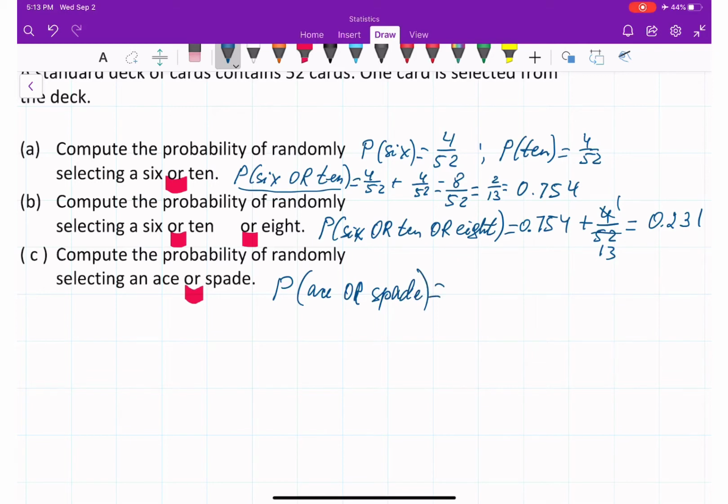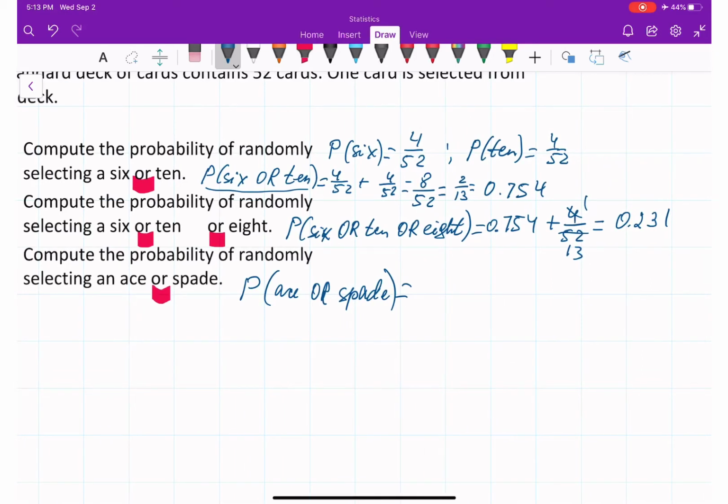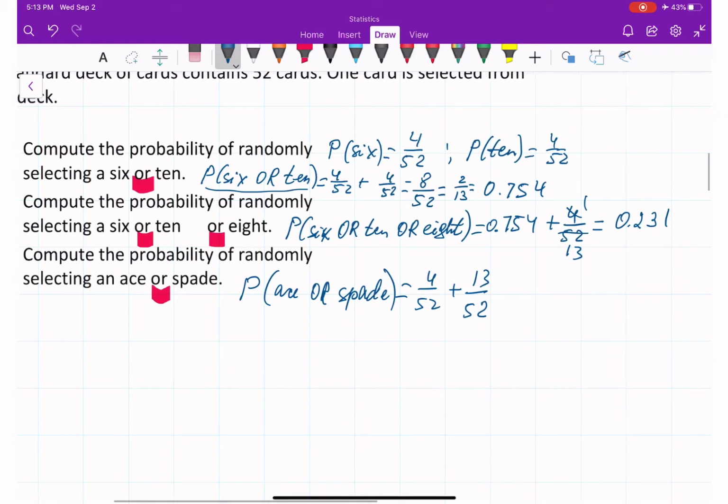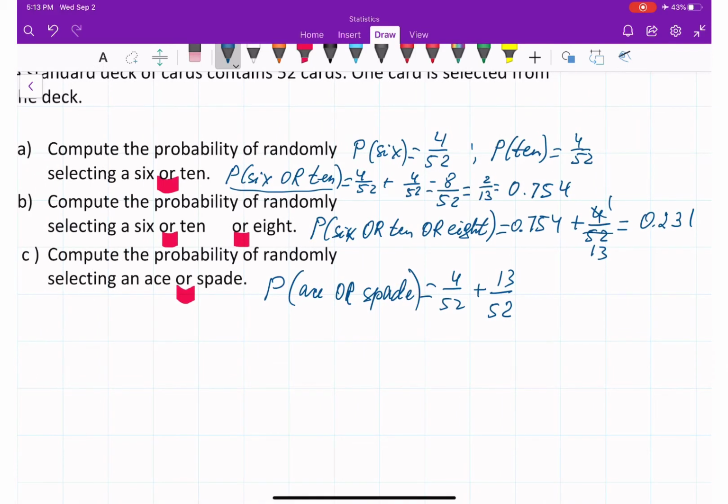It's going to be equal to... Ace is going to be how much? 4 over 52. The spade is going to be 13 over 52, because there are 13 cards in each of the 4 types, so 13 times 4 is 52. Here is one more thing. Look here, because the ace can be a spade also, right?